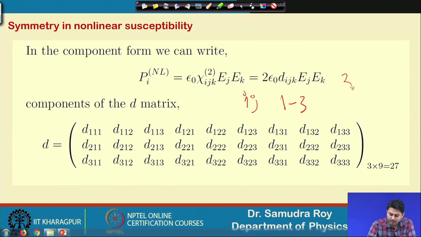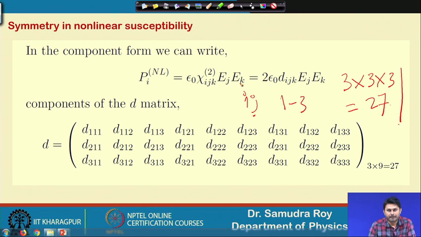So, I have 3 components. For each of these I will have another 3 components for j, and for each j component I will have another 3 components of i. So, we will eventually have 27 different components of this d when d i j k all vary from 1 to 3.